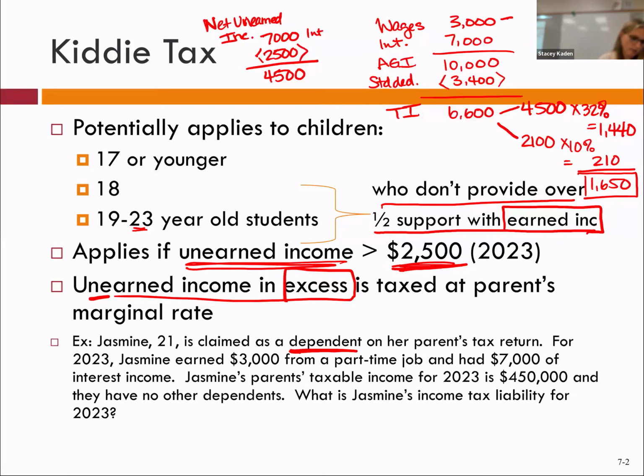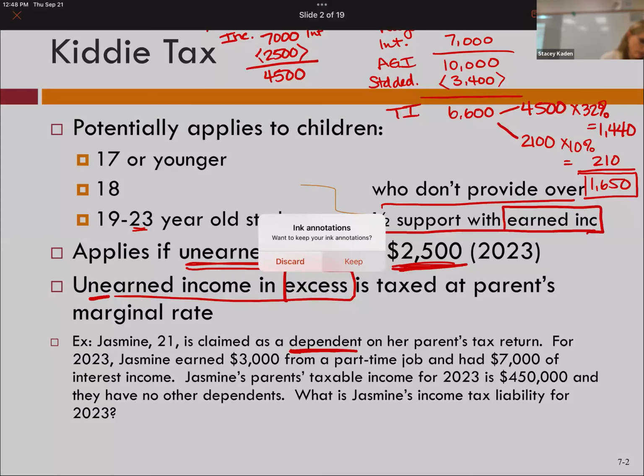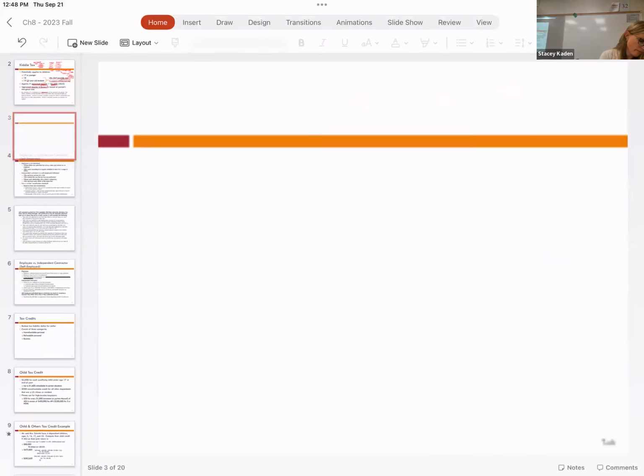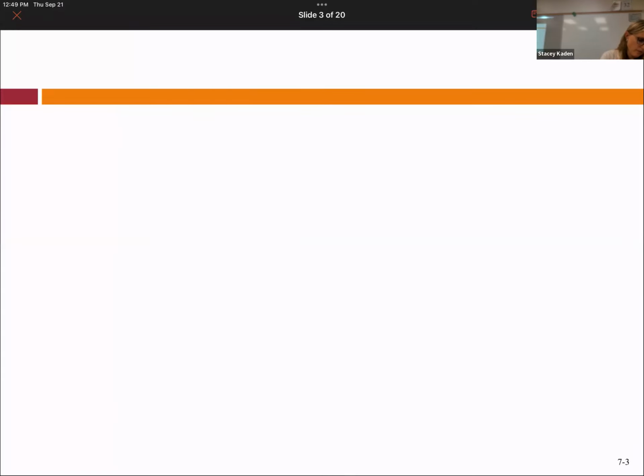All right, what if, just get a new slide here. What if taxable income equals 5,000?